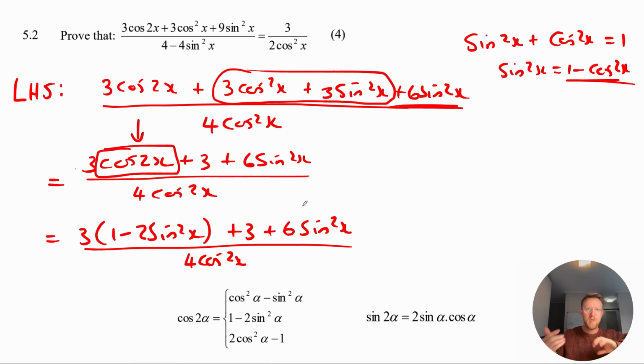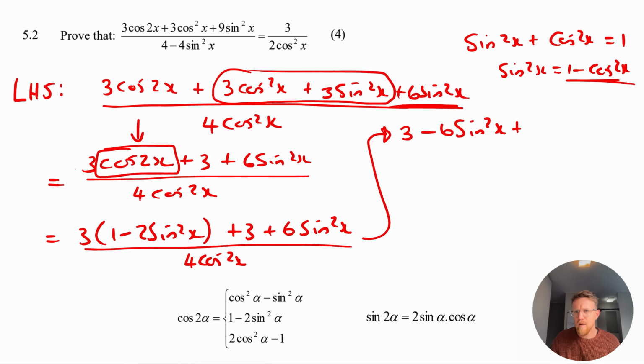And I want them to cancel because we only want to be left with numbers at the very end of this question. So we can then say 3 minus 6 sin squared x plus 3 plus 6 sin squared x, and that's all over 4 cos squared x.